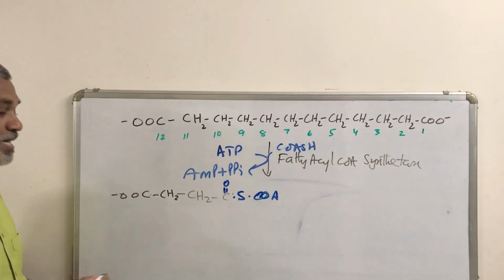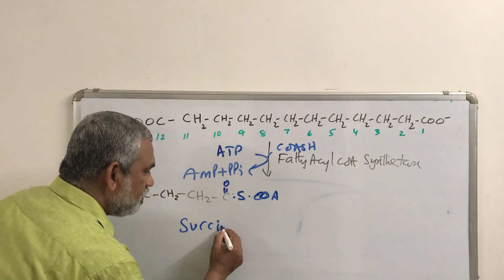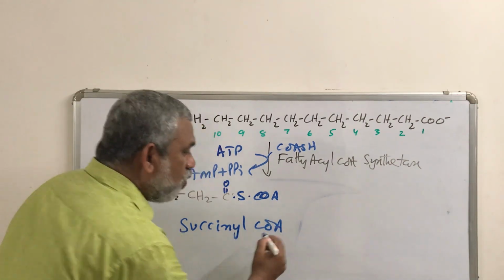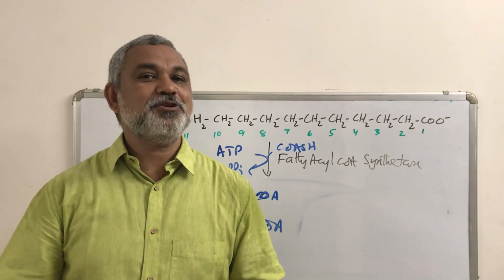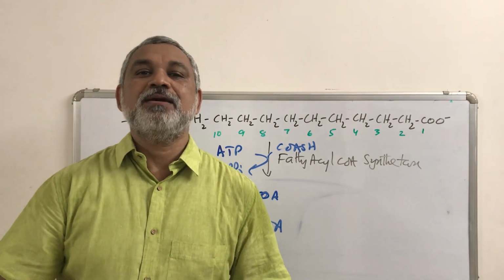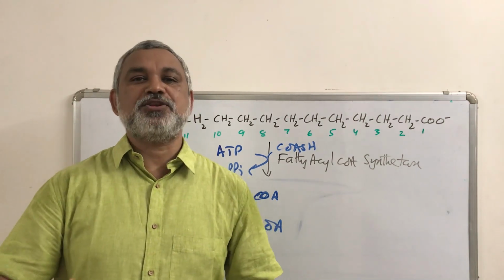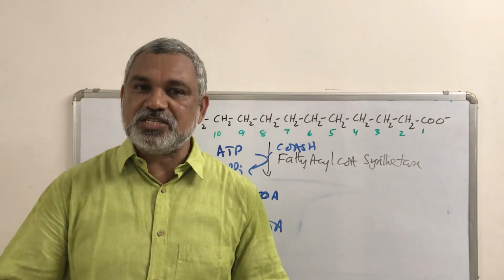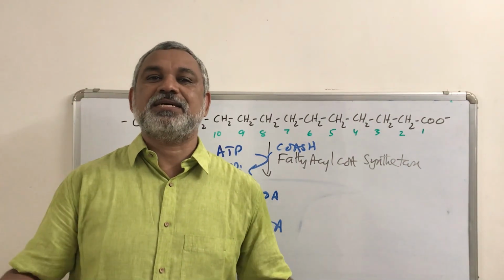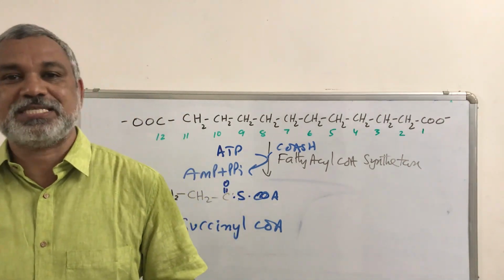This is nothing but succinyl-CoA. Succinyl-CoA is also converted to succinate, and it will enter into mitochondria, and once it enters mitochondria, it will become succinyl-CoA and can continue with the TCA cycle, or it can get converted to other 2 acetyl-CoA molecules.